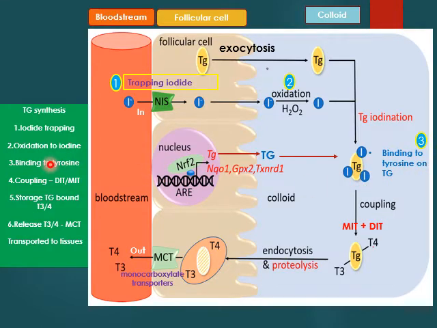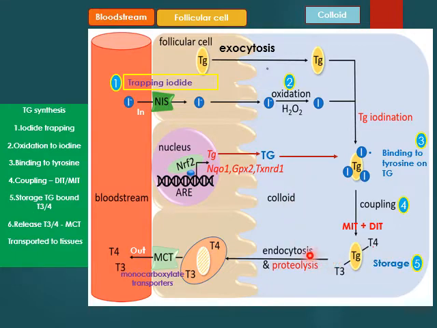So tyrosine, third stage, binding. And this results in the formation of MIT and DIT, which are then coupled onto the thyroglobulin. And that is known as coupling, where the T3 and T4 are stored on the thyroglobulin molecules within the colloid.